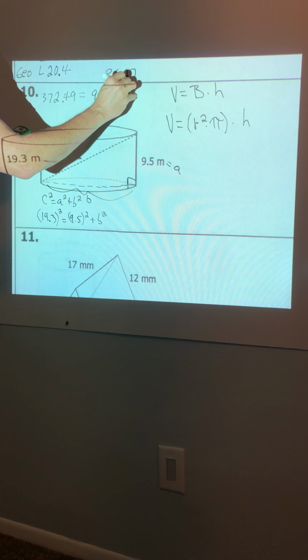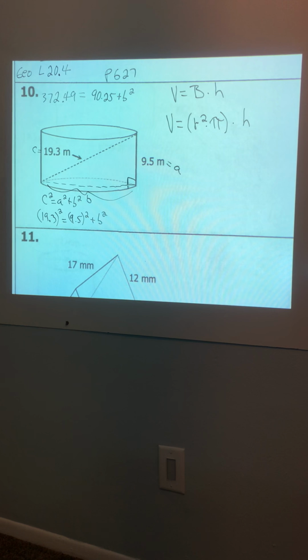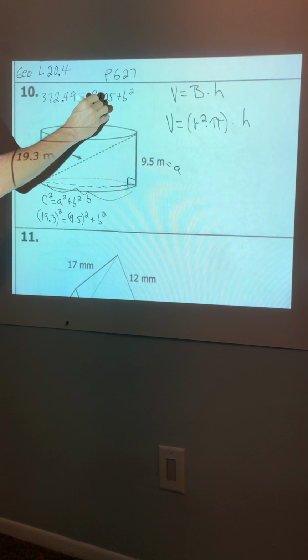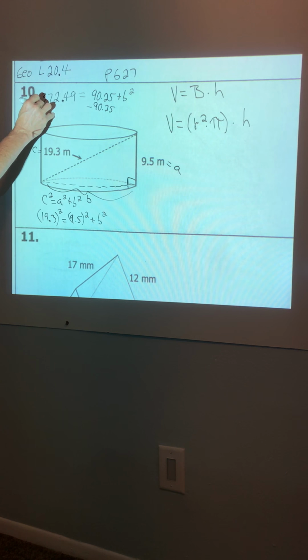plus b squared. Remember, when you're missing a leg, I know this is kind of morbid, when you're missing a leg, it was cut off, let's say. You were missing a leg, so you're going to subtract when you're trying to find a leg.